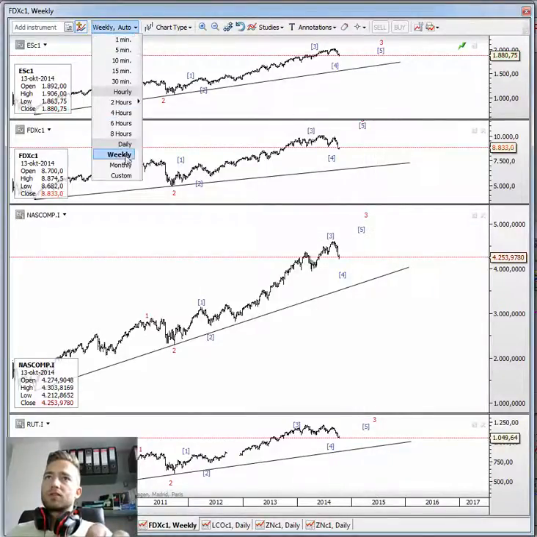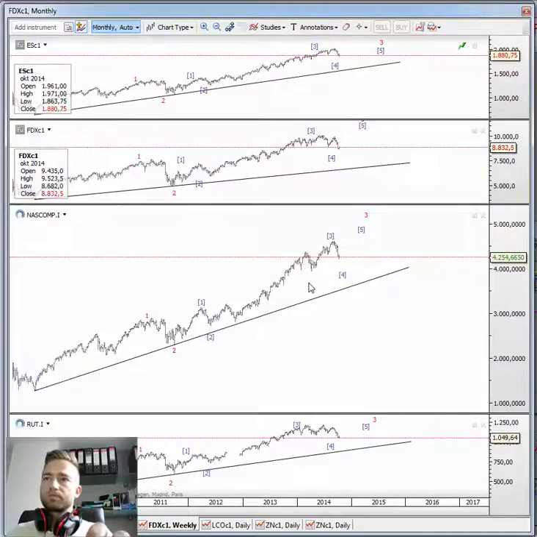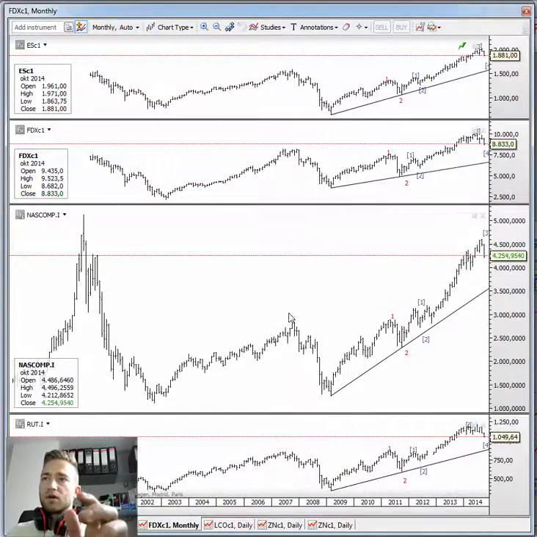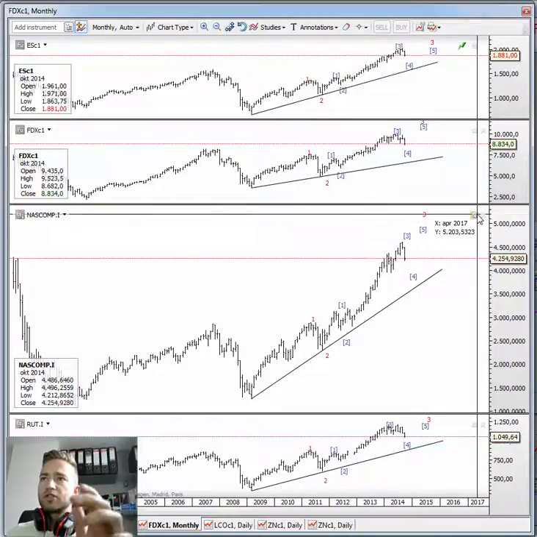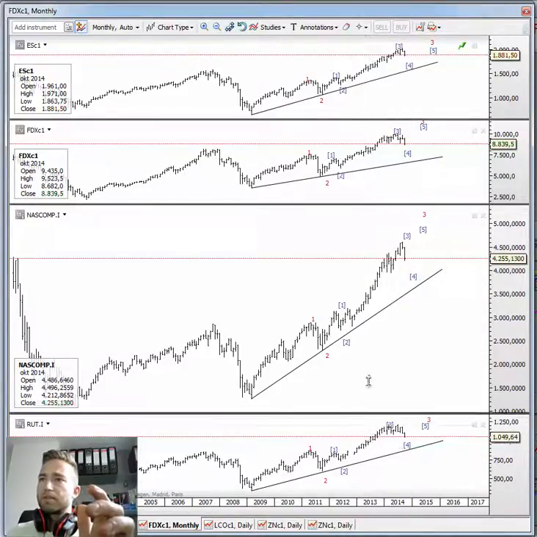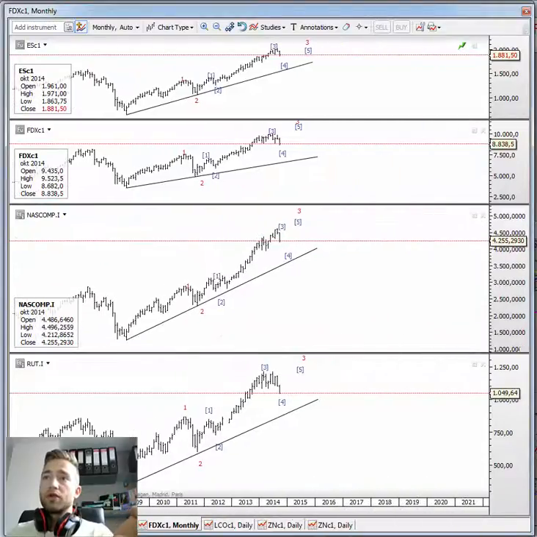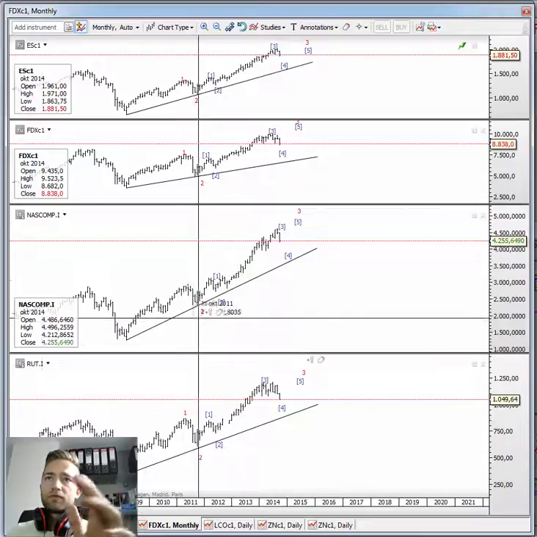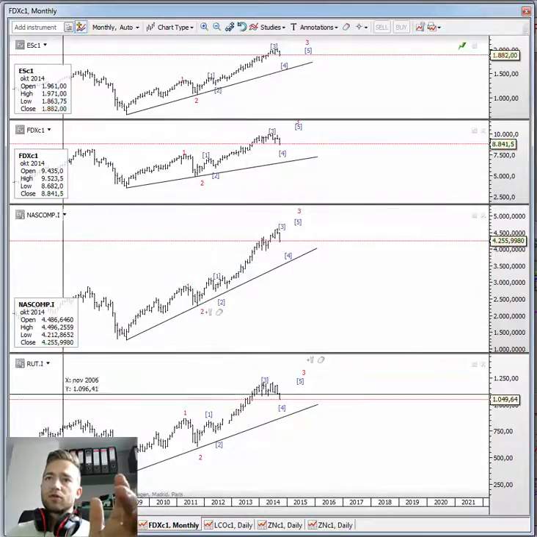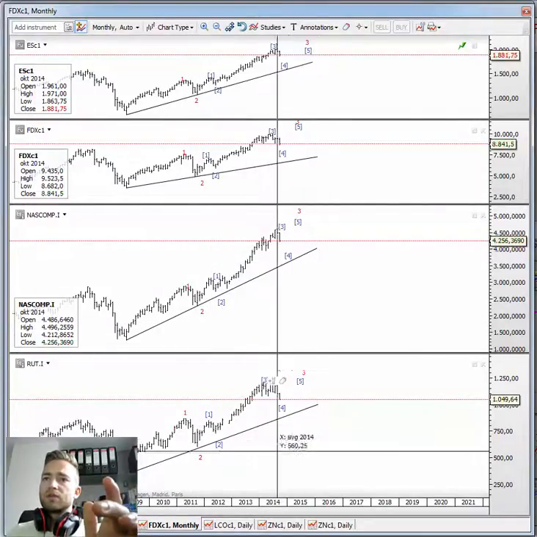Okay, so let's go back to monthly now. What I went through, actually this is on Nasdaq, is a perfect, actually a textbook example of an impulse in progress. Okay, so if this count on Nasdaq is correct, then obviously on Russell we should see something similar.